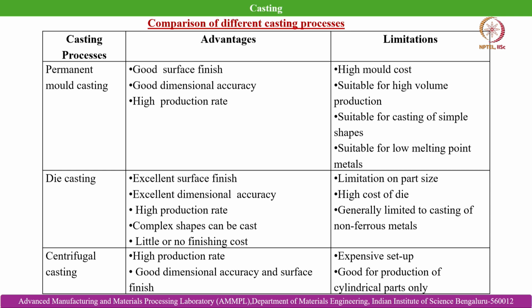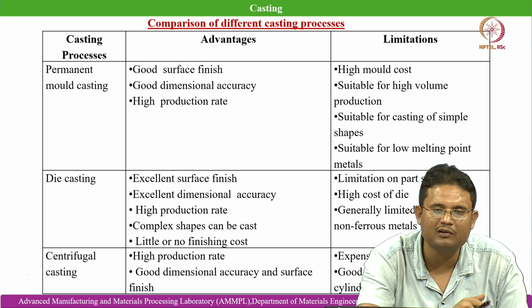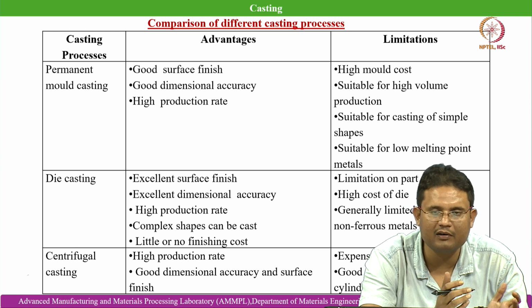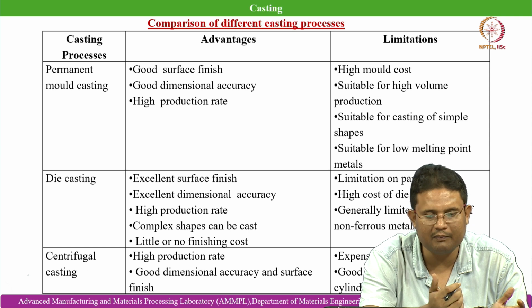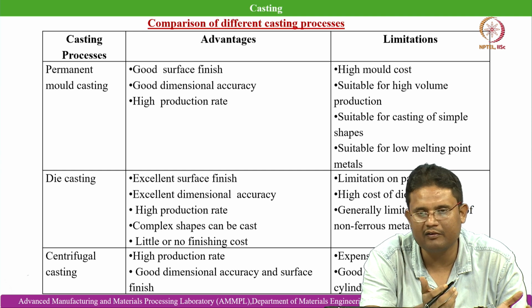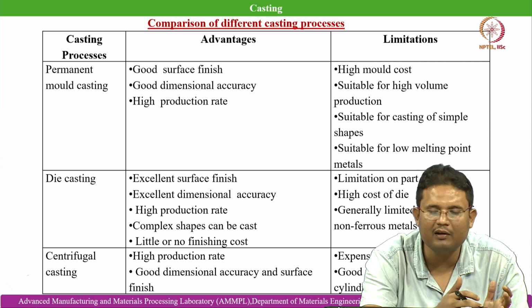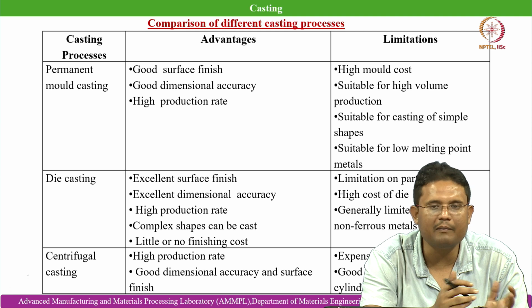For example, permanent mold casting, mostly what we call gravity based permanent mold casting. Here the advantages are that it provides good surface finish, and unlike sand casting, where we cannot reuse the mold and after every casting process we have to dismantle the mold and repeat all the procedures like sand ramming, in permanent mold casting, once we manufacture the die effectively, we can use it for a number of casting cycles.